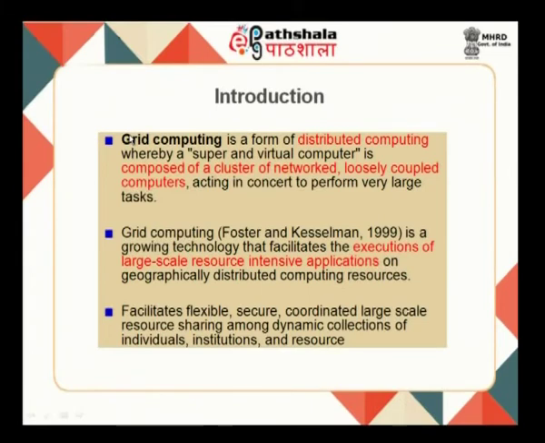The third important environment that is associated with processing data in a distributed fashion, as well as dealing with voluminous data, is grid computing. Grid computing is actually a form of distributed computing in which we have a super or virtual computer composed of clusters of networked, loosely coupled computers.